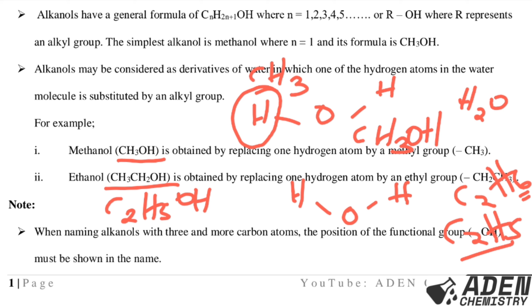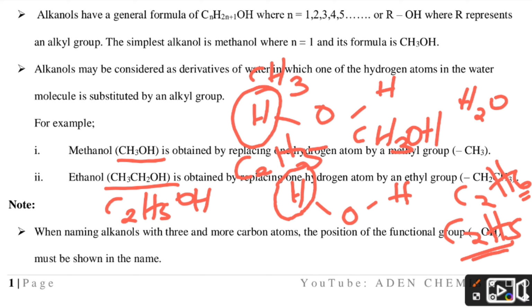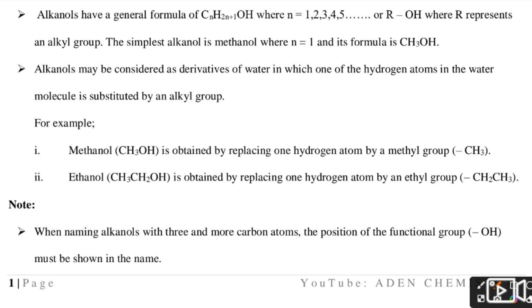So we substitute one hydrogen with this alkyl group, that's the ethyl group. So we're going to put here C2H5. So if we combine C2H5 with this OH, what we are going to get will be C2H5OH.